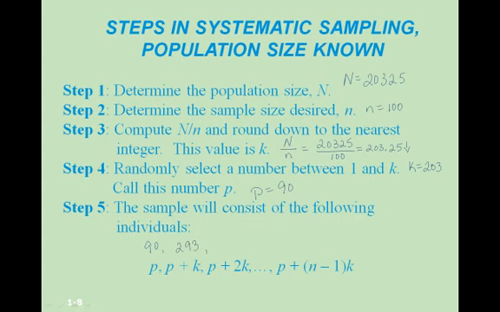Then we take 90 plus 2 times 203, and we get 496. And we'll continue this until we get our 100th number, which would be 20,187.